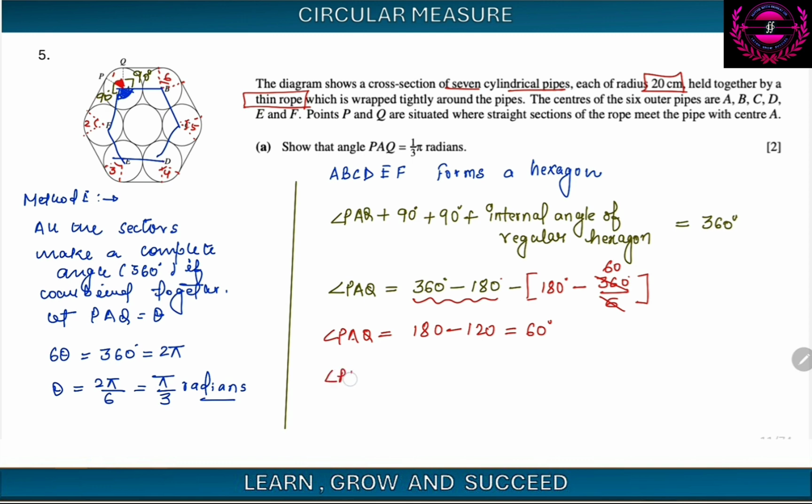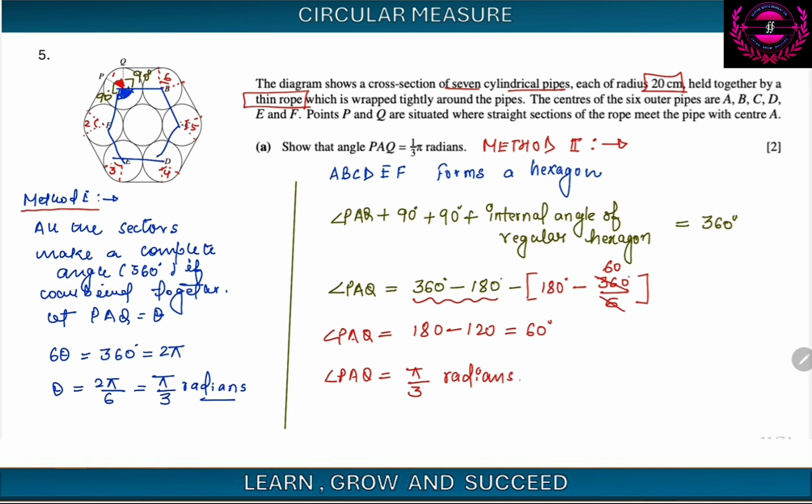So angle PAQ in radians is pi by 3 radians. You can choose any of the methods. This is method 2, and here we have method 1.